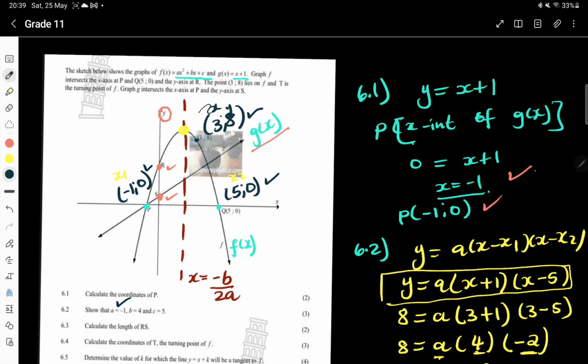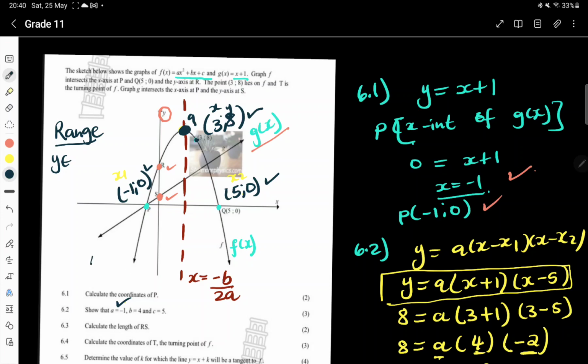So it's (2; 9). If they ask you to find the range of this graph, remember you check the y value of the turning point, which is 9. Then your range will be y is an element of, from negative infinity.